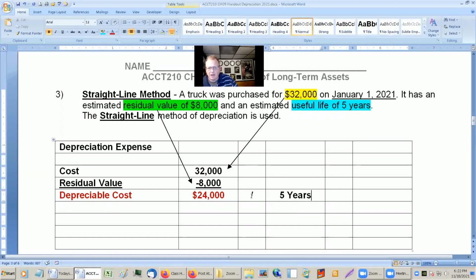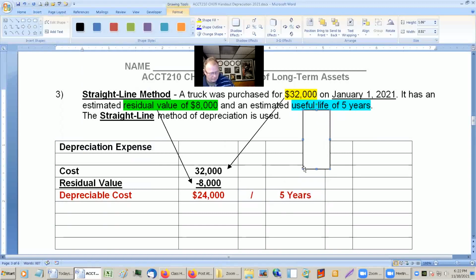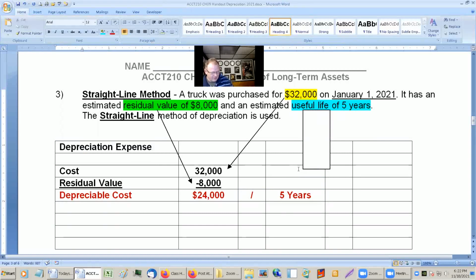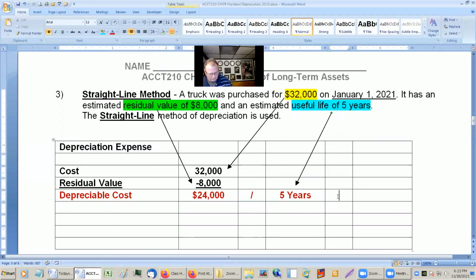So we're going to divide that by 5 years. And that equals 4,800.